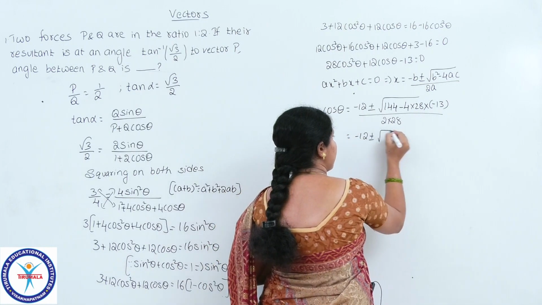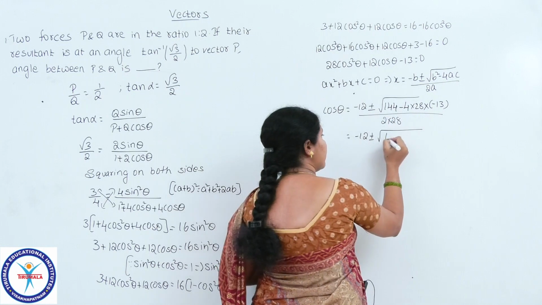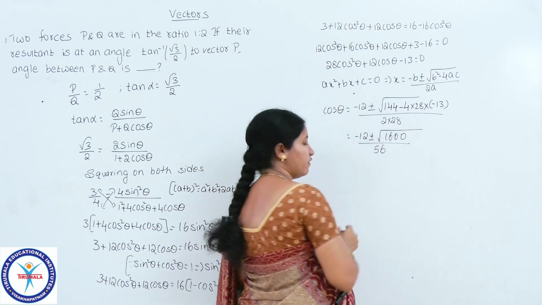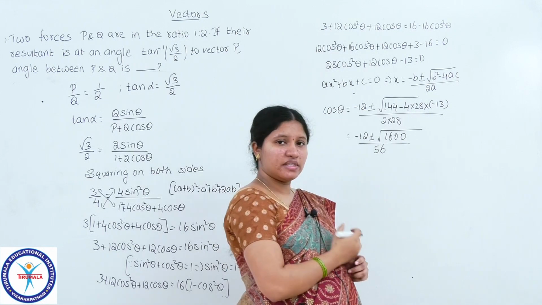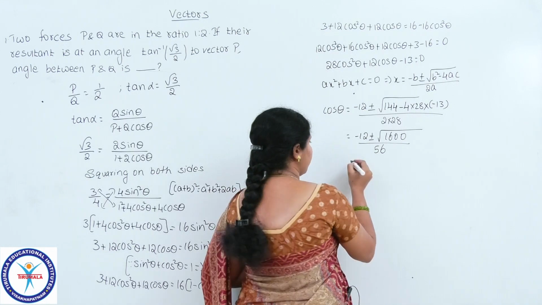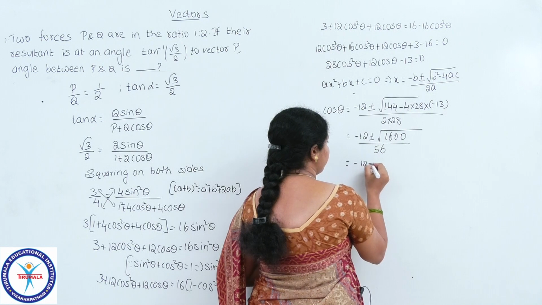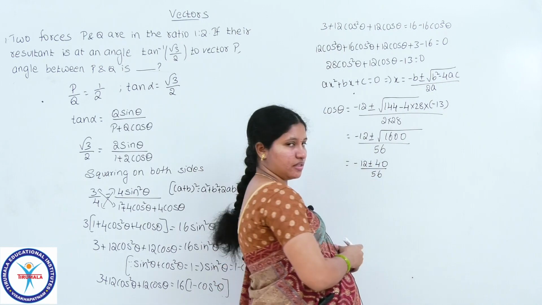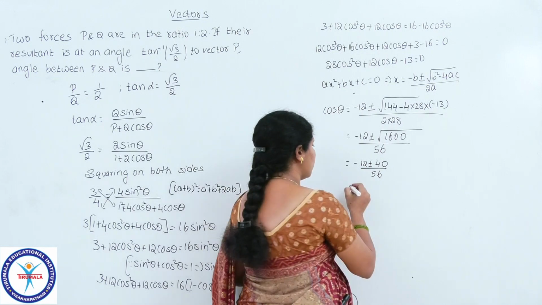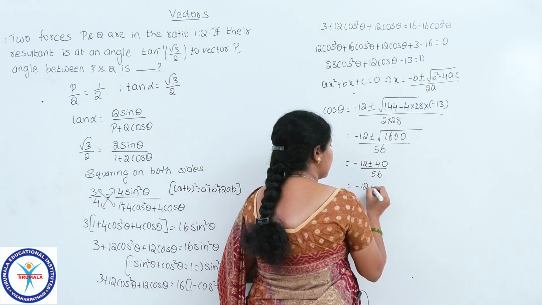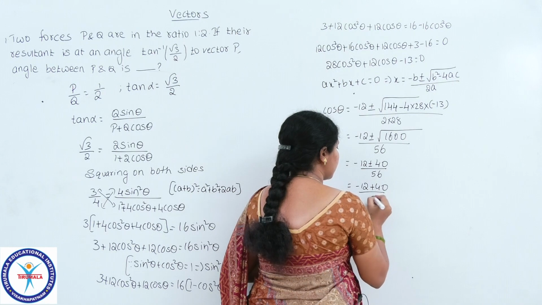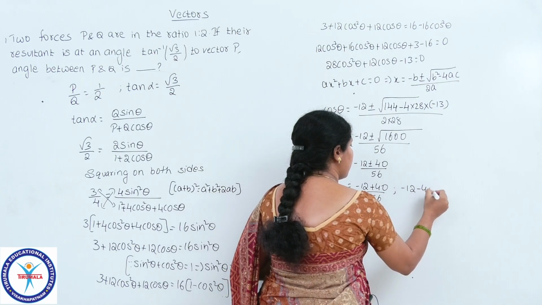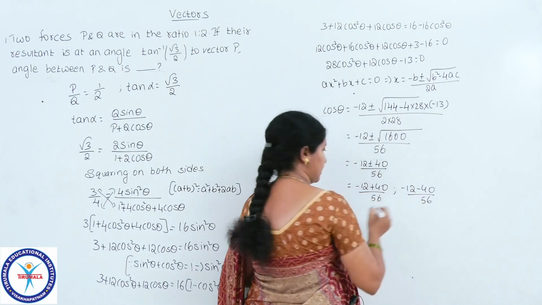So we get minus 12 plus or minus, on solving we get 1600, and 2 into 28 gives 56. The square root of 1600 is 40. So minus 12 plus or minus 40 by 56. We have two values: minus 12 plus 40 by 56, and another, minus 12 minus 40 by 56.